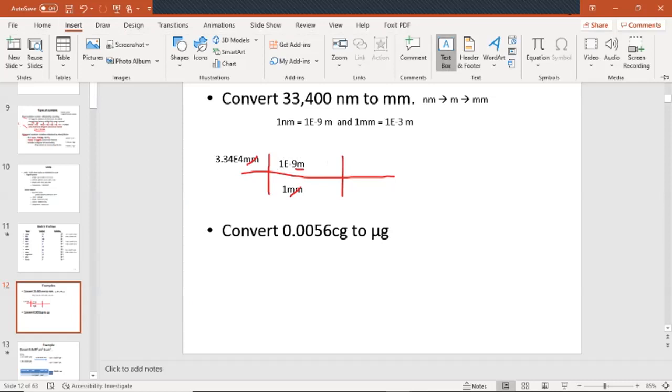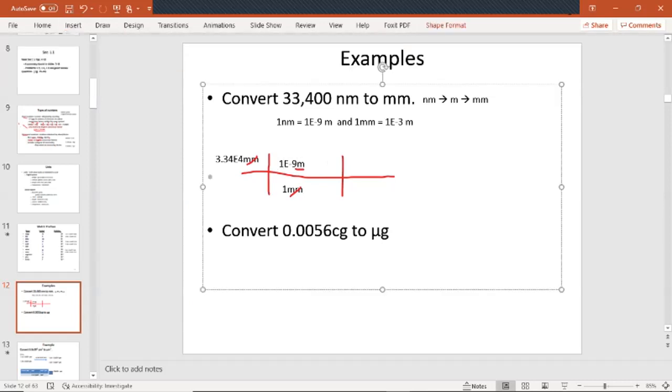So the result here would be 3.34 e to the negative 5 meters. So again, when you multiply two exponents, you add their power. So 4 minus 9 gives us negative 5. So now we have meters.